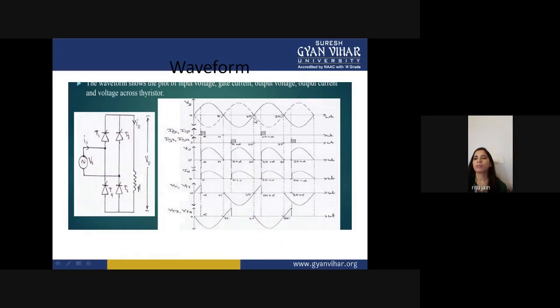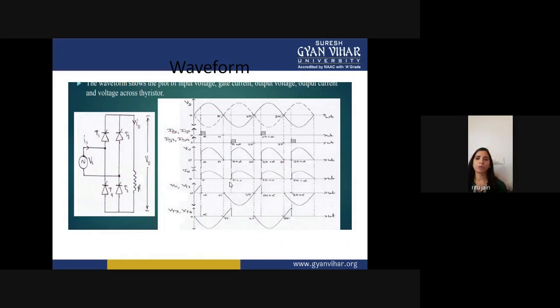When this cycle becomes positive from 2 pi to 3 pi, again T1 and T2 will conduct, and we apply gate pulse to these thyristors, and you will get the output voltage. So you can see from this diagram or these waveforms that you are getting output DC voltage for both positive half cycle as well as negative half cycle.